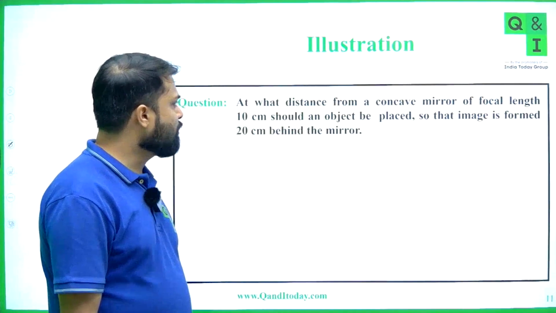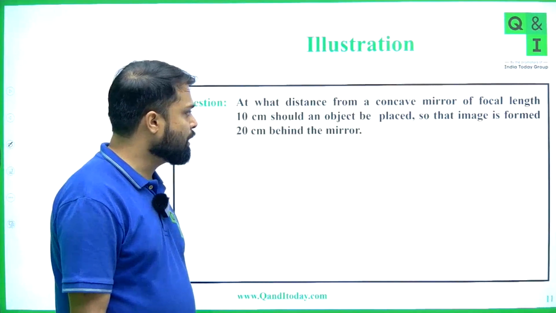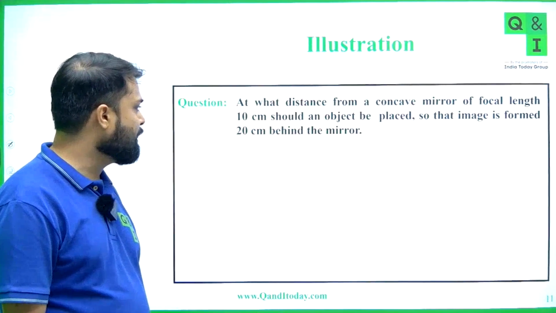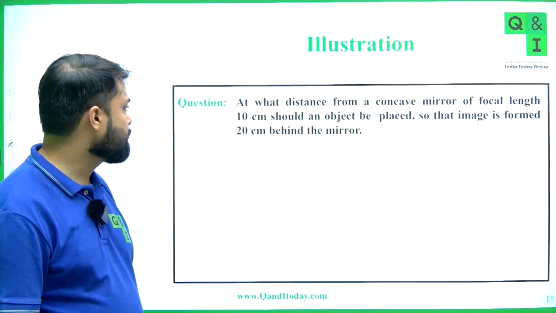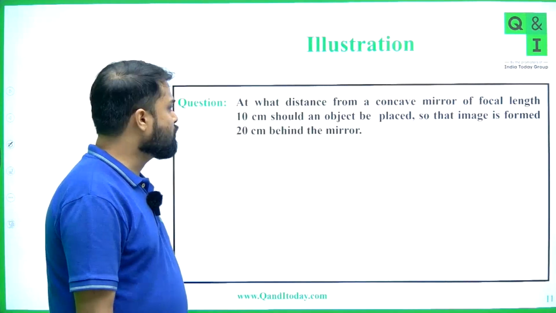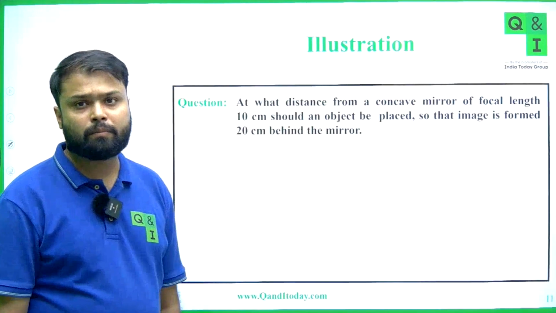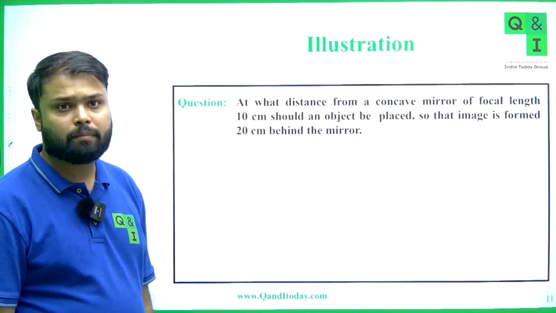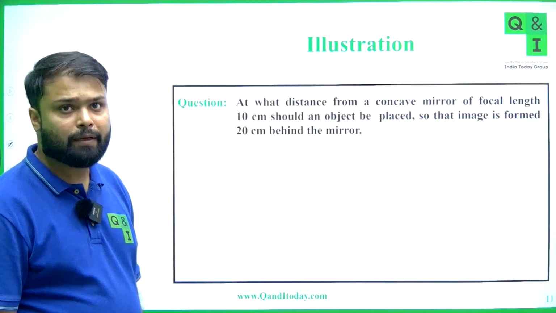At what distance from a concave mirror of focal length 10 centimeter should an object be placed so that the image is formed 20 centimeter behind the mirror? So directly we can cross check our answer. That answer should be less than 10 centimeter. Yes or no? Yes, sir. Okay.